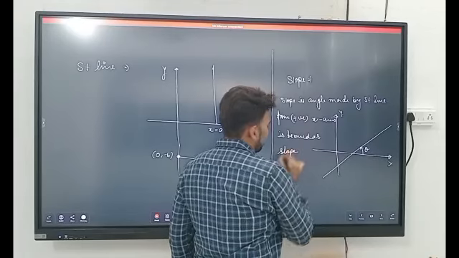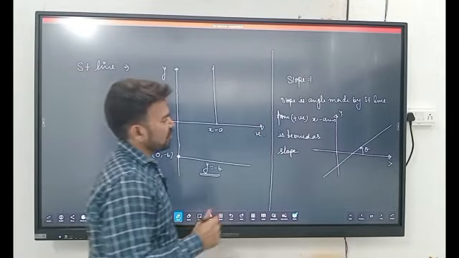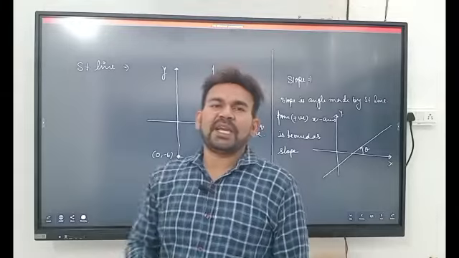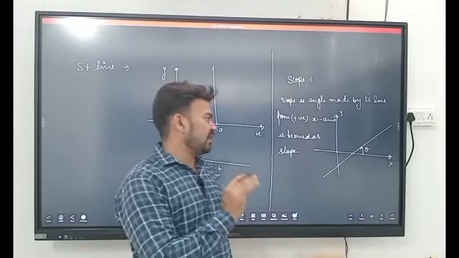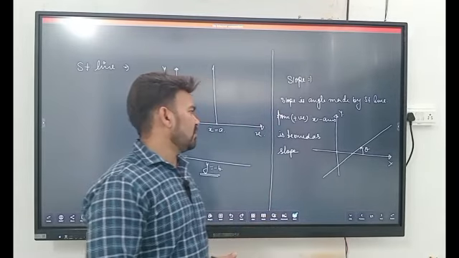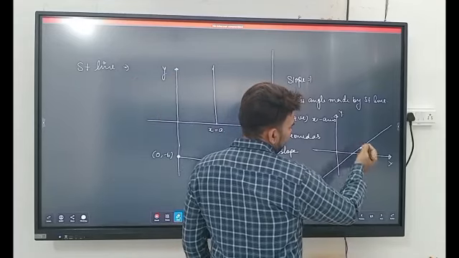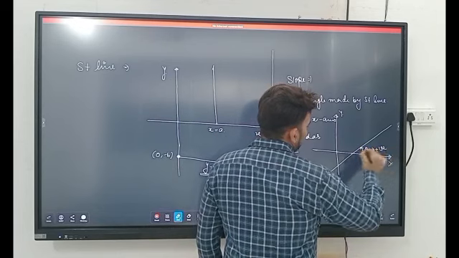As I have told you earlier, the angle is always counted from the positive x-axis. If it is in the anti-clockwise sense, then it is called the positive angle. If we take the angle in the clockwise sense from the positive x-axis, then it is termed as the negative angle. This angle will be the positive angle, right?